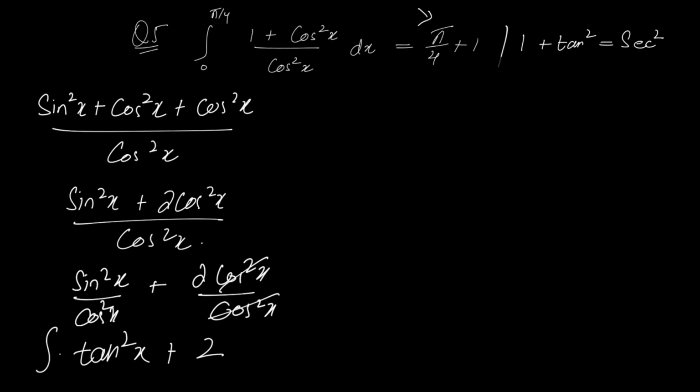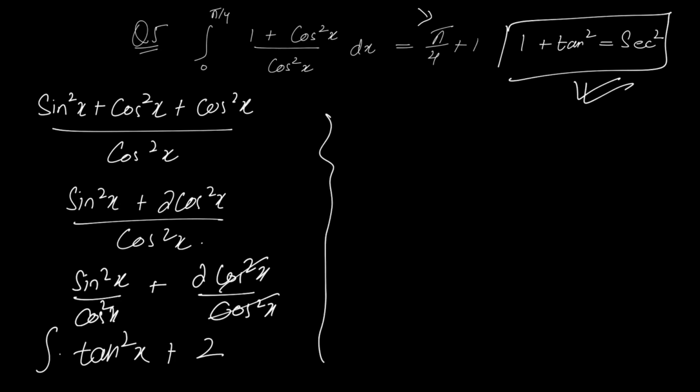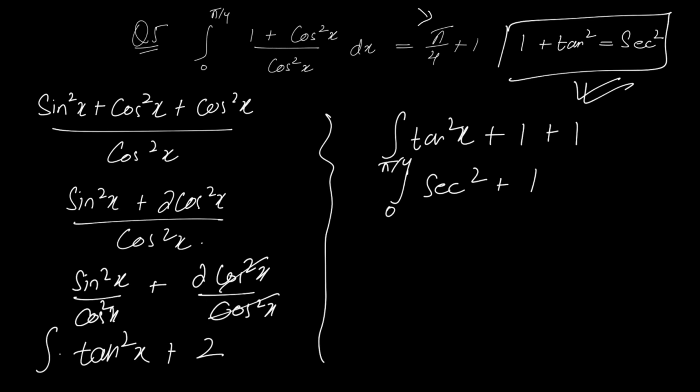So there is an identity which will be written in your question paper, which is 1 plus tan square is equal to sec square. So we have tan square plus 1, this will become sec square plus 1, and you have the limits pi upon 4 and 0. You'll first of all integrate this. So the integration of sec square x is tan x, and the integration of 1 is x.